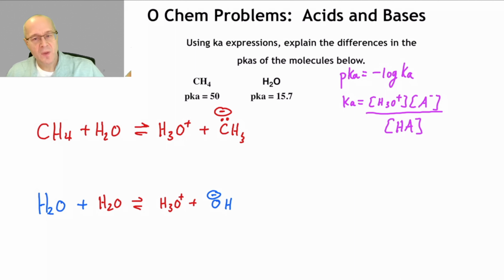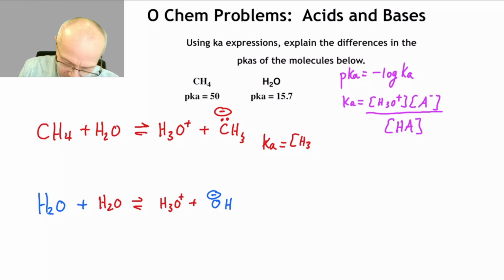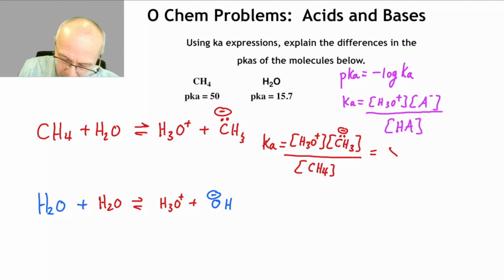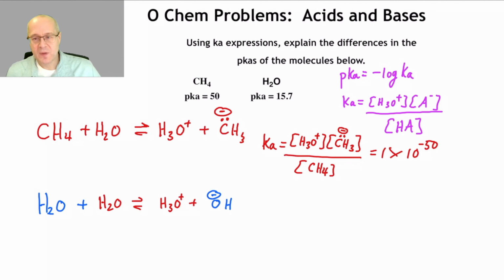All right, guys, so now I've written the equilibrium expressions for both molecules. And now let's write the Ka for the top one. The Ka expression for the top reaction, the methane, is going to have hydronium plus methyl anion divided by the concentration of methane.